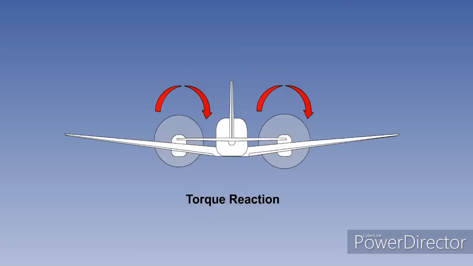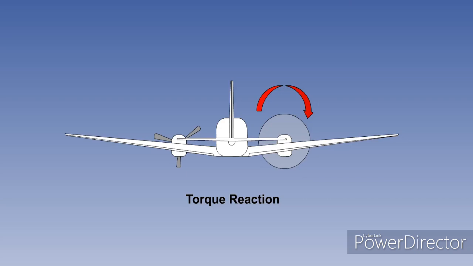When the engine turns the propeller, the equal and opposite reaction tries to turn the engine the other way, the torque effect being to roll the aircraft to the left. If the left engine were to fail, it would result in a bigger rolling moment to the left. As with asymmetric blade effect, this happens only with co-rotating propellers.